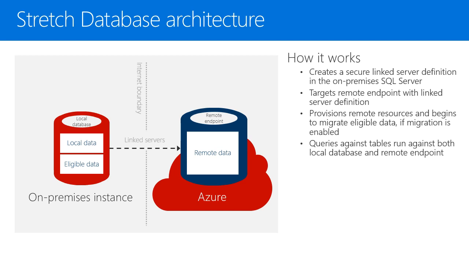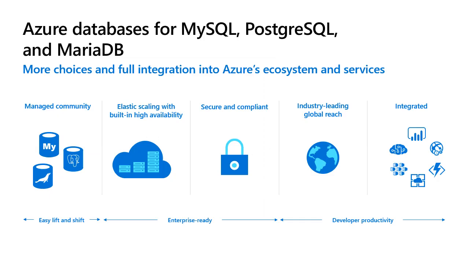So you don't even have to tag what data is eligible to be stretched to Azure. It's up to the algorithm that's built in to do that. This is usually archived data, for example, data or rows that are not normally queried, that are put into Azure, and it's smart enough to figure out that if certain rows and certain data are being queried more frequently than usual, then it brings them back to the on-premise database.